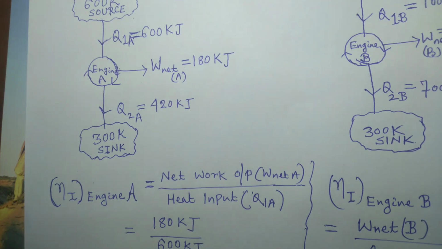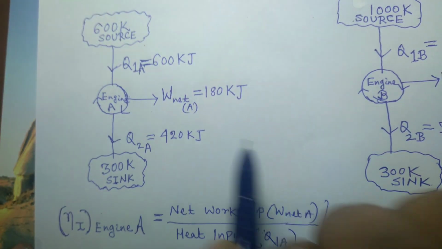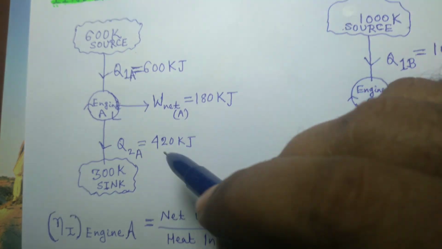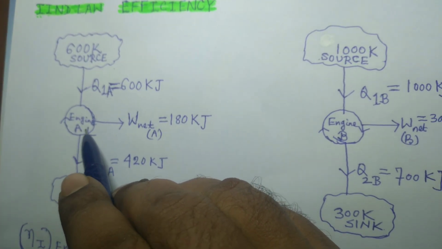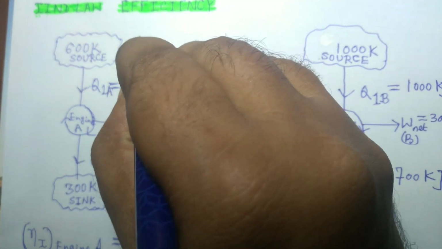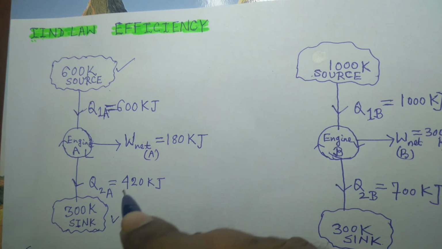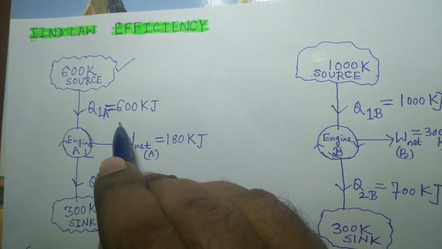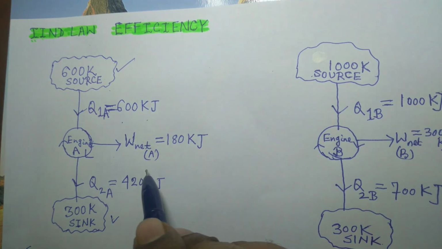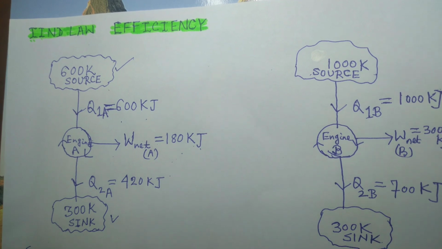So you see, first law efficiency, that there are two heat engines working. First, we'll study engine A, which is working between a source temperature of 600 Kelvin and sink temperature of 300 Kelvin, and heat supplied to engine A is, suppose, 600 kilojoule, and it produces 180 kilojoule of net work.